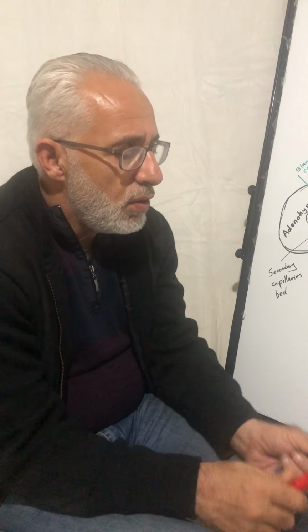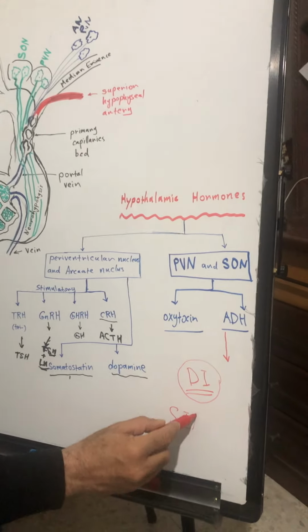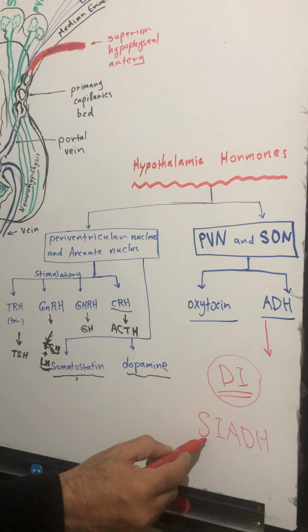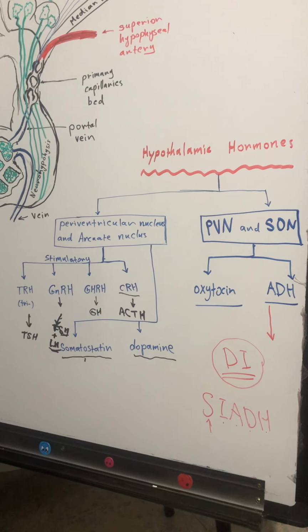This disease is called SIADH, which is an abbreviation of syndrome of inappropriate antidiuretic hormone.